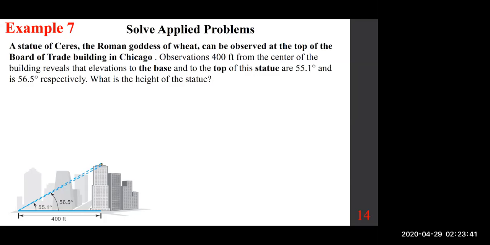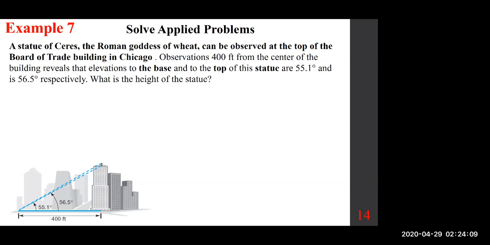All we have to do, we have the measurements. The base is 400 feet. So we can use one of the trigonometric functions with the angle of 56.5 and find the height, and then another one with the angle of 55.1 degrees and find the height. And I hope you see the difference is the answer.